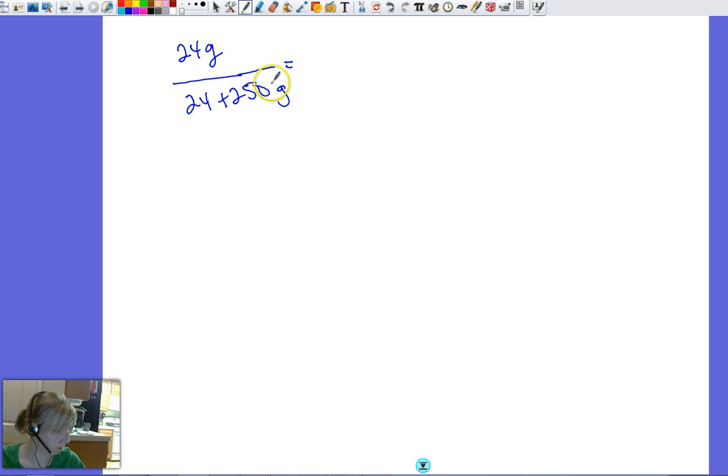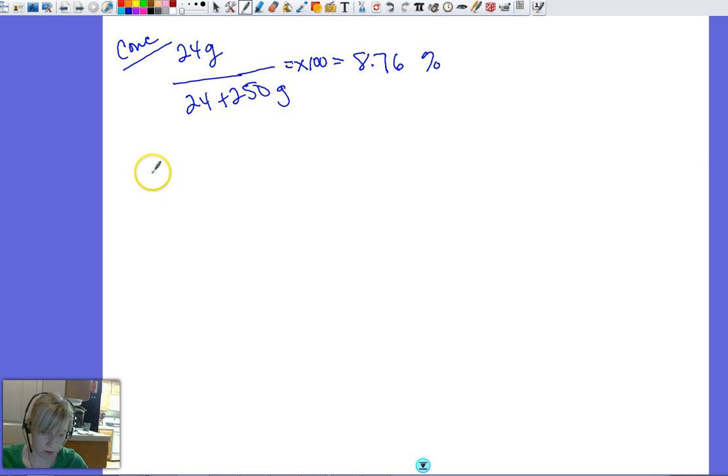So we have 24 divided by 274, and then we're going to times that by 100, and that'll give us 8.76%. This is for concentration.